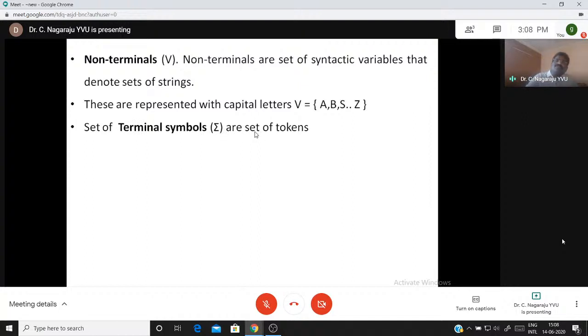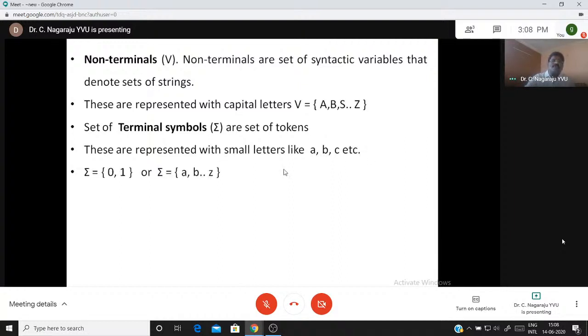Non-terminals are represented with capital letters, and terminal symbols are represented with small letters like a, b, c, etc., or 1, 0, etc. For example, a binary alphabet is over sigma {0, 1}, or you can represent sigma as {a, b, up to z}, that is, the alphabet over a to z.